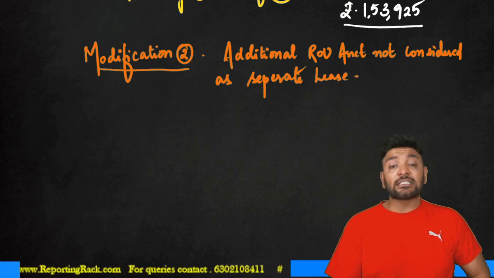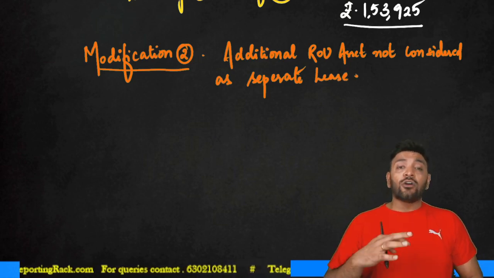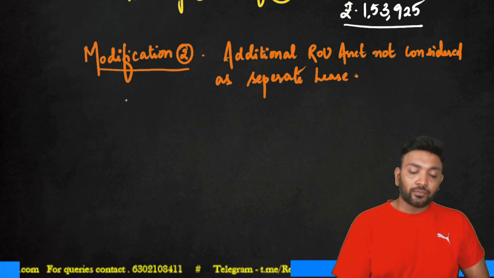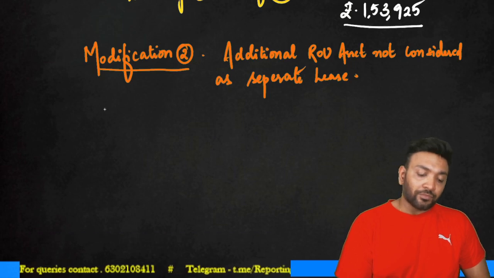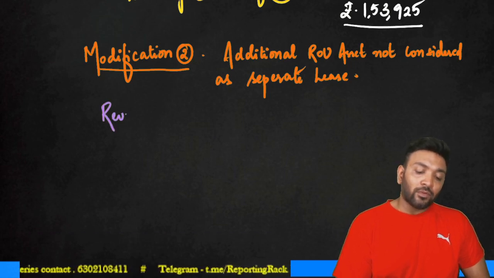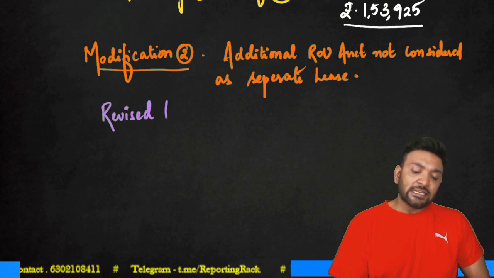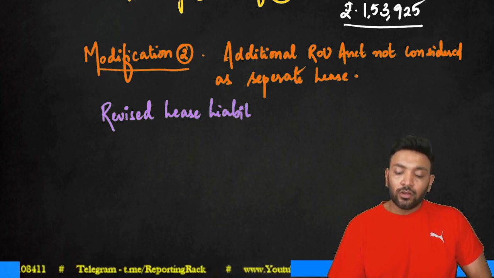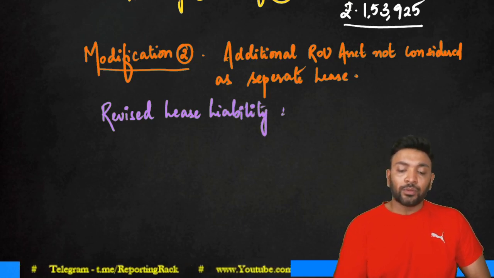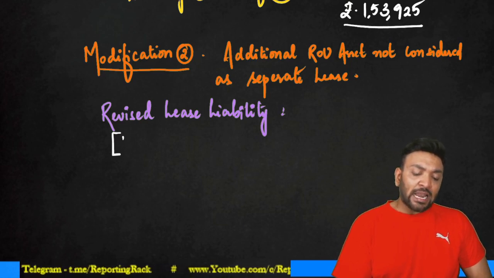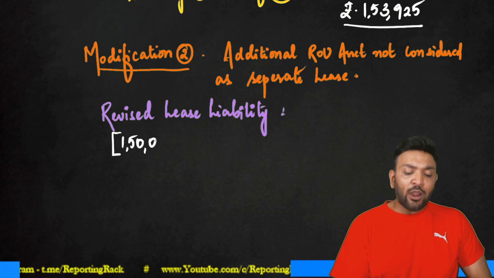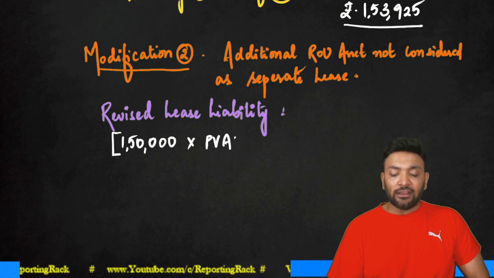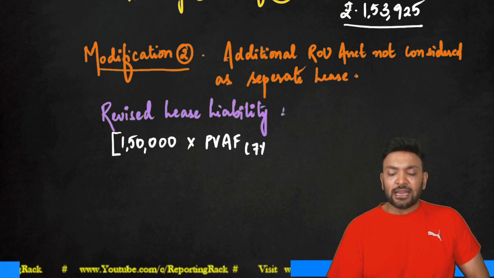Here it is not discounted as separate lease, so I have to consider the entire lease of 1,50,000. Revised lease liability arising due to this should be equal to, I will start paying 1,50,000, but I will pay only for year 6, 7 and 8, only 3 years. Present value annuity factor 7% for 3 years.